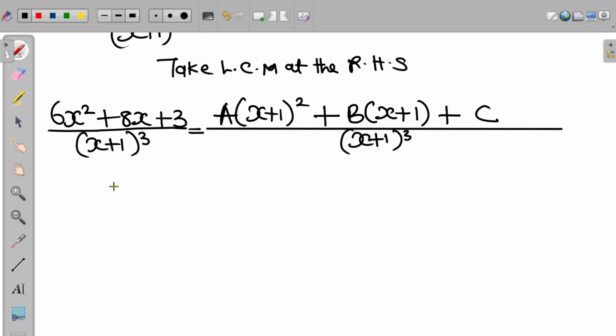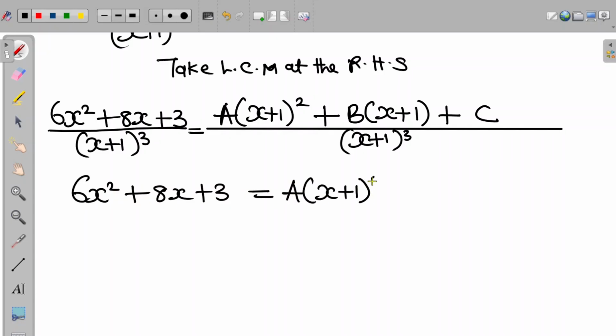So equating numerators, we have 6x squared plus 8x plus 3 equal to a multiplied by (x plus 1) all squared plus b multiplied by (x plus 1) plus c.